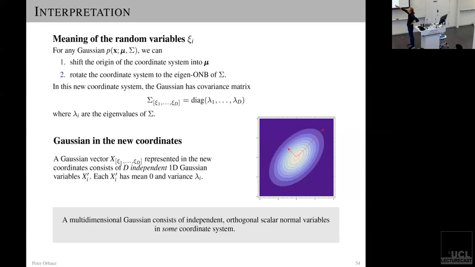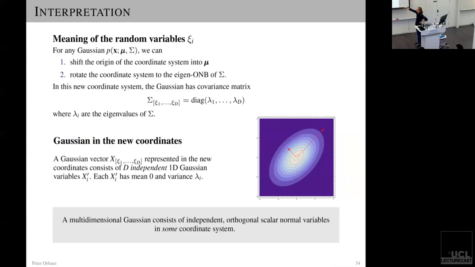And then we rotate the coordinate system into this eigen orthonormal basis. And then we write the covariance matrix in the new eigenbasis. The covariance matrix is a diagonal matrix. Okay. And in these coordinates, we now look at our vectors.